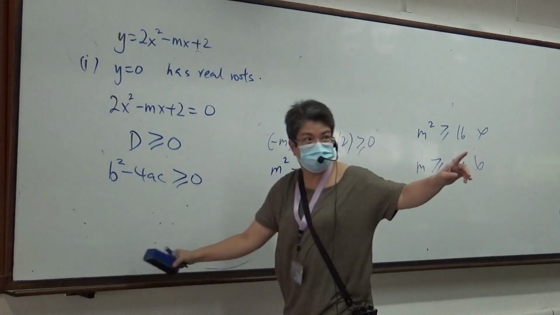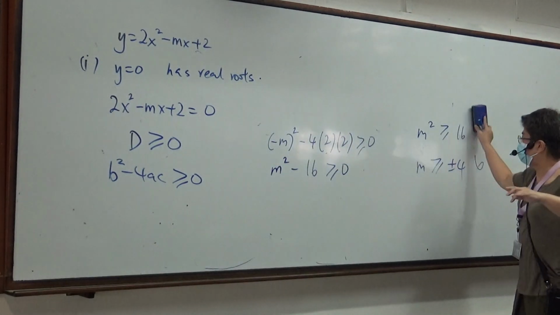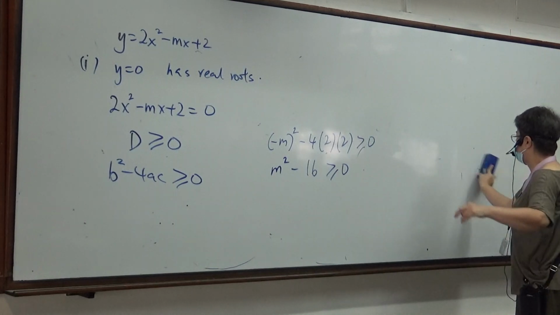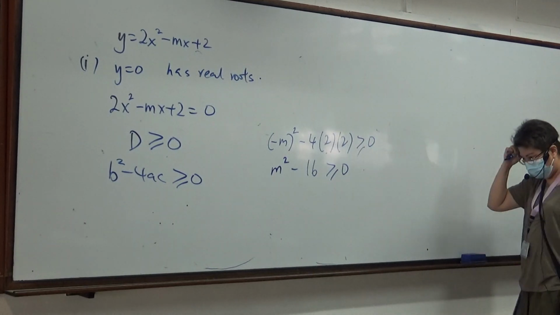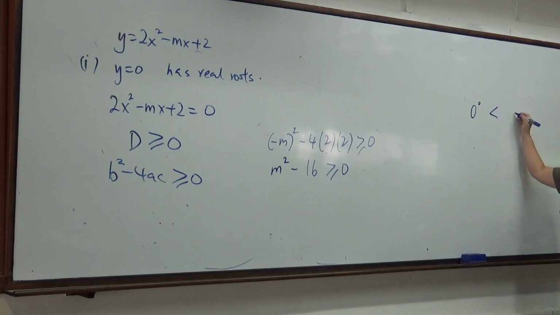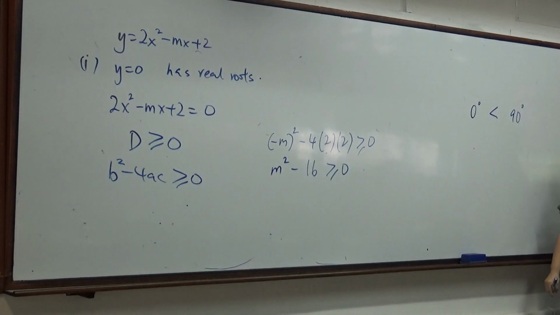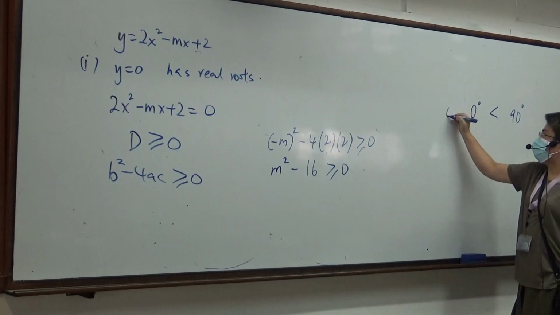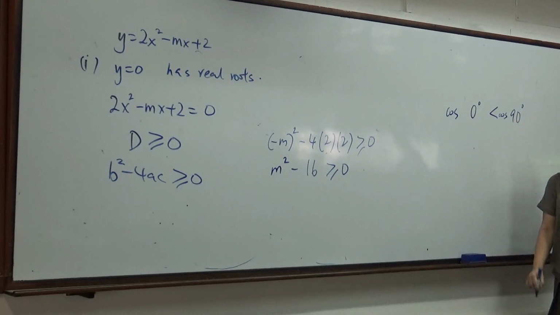All of you got your calculator, right? Take out a calculator. Zero degrees is less than 90 degrees, correct? Is cosine 0 degrees less than cosine 90 degrees?